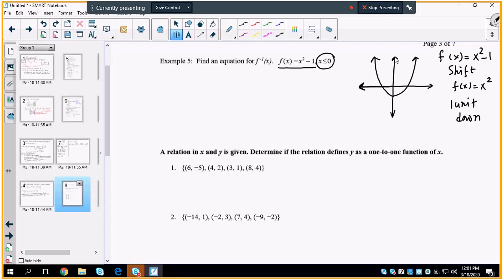Why did I need that? See, as you see the graph of f(x) equal to x squared minus 1, if you do the horizontal line test, the function is not one-to-one because it is crossing the graph in more than one point. But now let's think about the graph whenever my x's are only less than or equal to 0. So I don't have the right hand branch. See what happens.